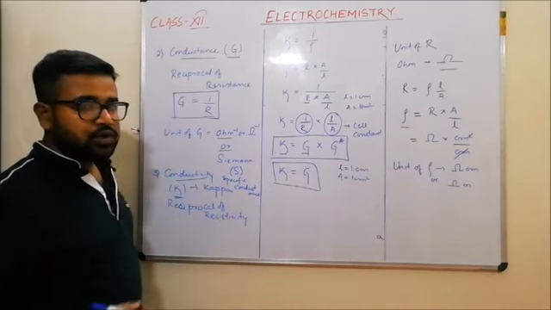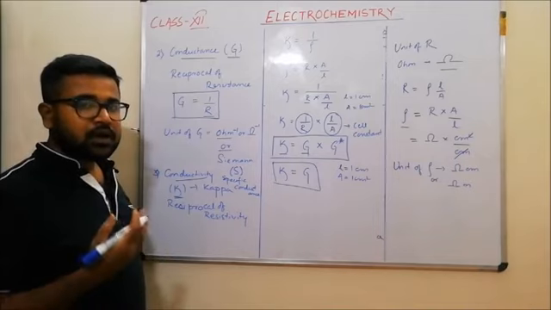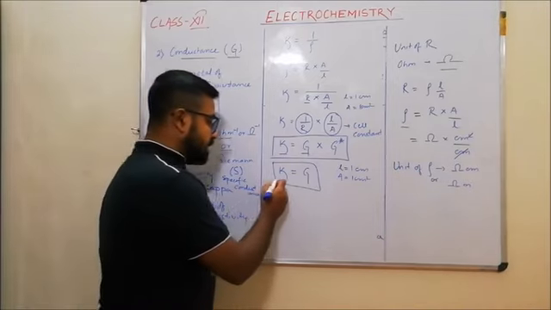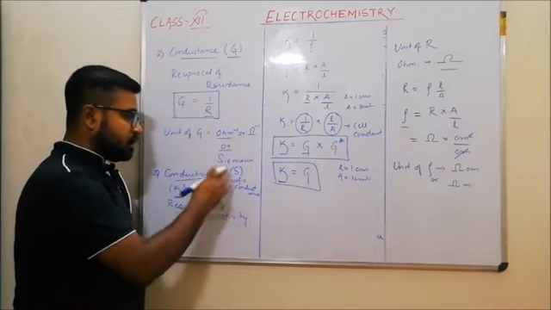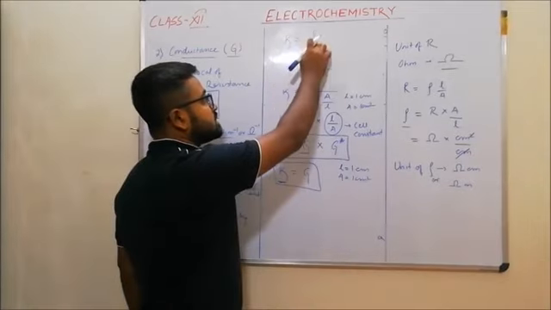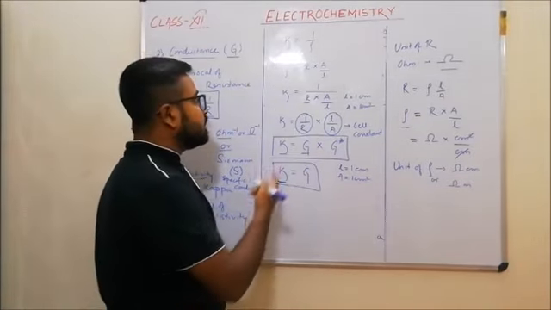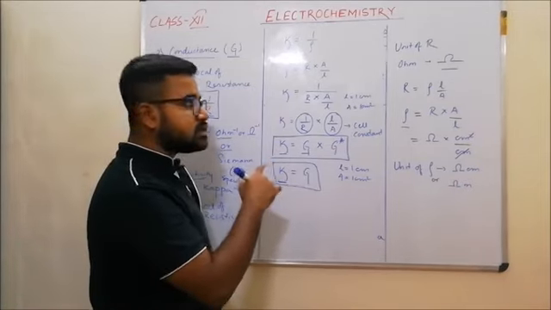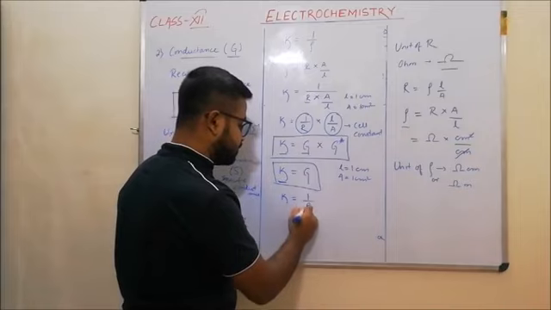Now what will be the unit of kappa? If we take kappa, I have told you kappa is the reciprocal of what? Reciprocal of resistivity. So kappa is equal to 1 by rho.